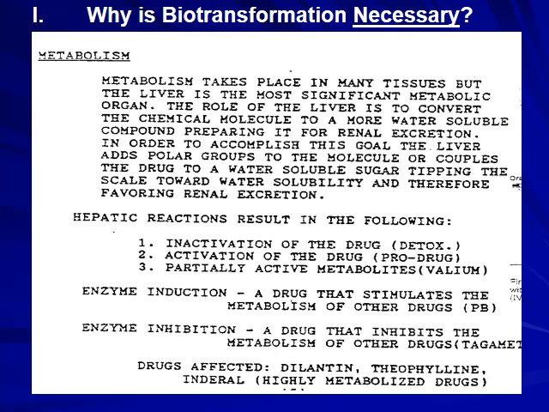Remember, half-life is directly proportional to the volume of distribution, inversely proportional to the clearance, and there's a constant in front of that, which is about 0.7. So the drug's half-life is directly proportional to its volume of distribution and inversely proportional to its clearance.